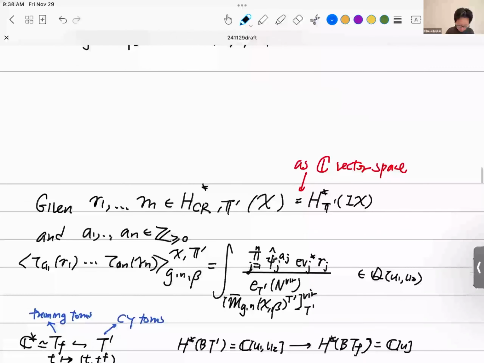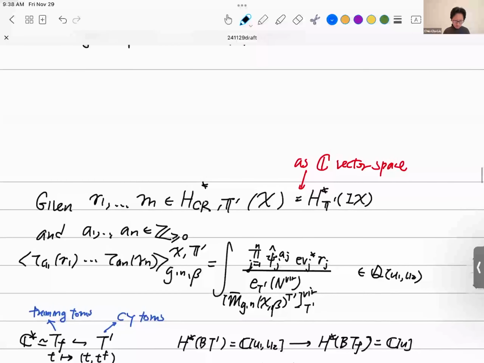So as we did in the topological vertex, we are going to just use the Calabi-Yau subtorus.